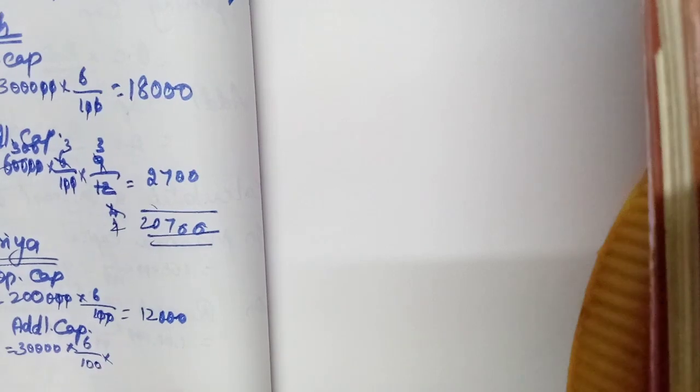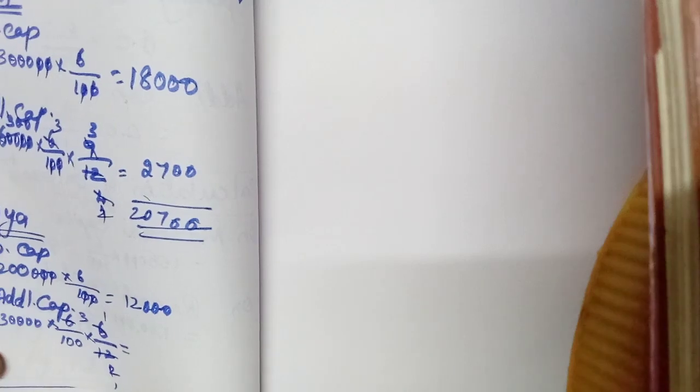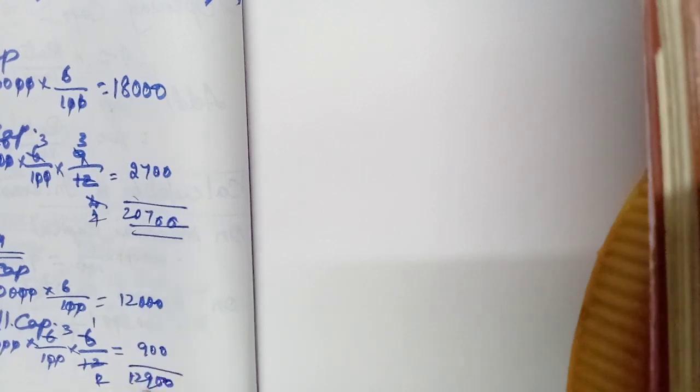Then rate of interest 6 by 100. Here date is not given, it is given during the year. So we will take 6 by 12. Now we will simplify. 1 6 is 6, 2 6s are 12. Here 1 2 is 2. 3 2s are 6. Then 2 zeros. Now 3 into 3, 9. Then 2 zeros, so 900. So what is the total interest on capital? 12,900.